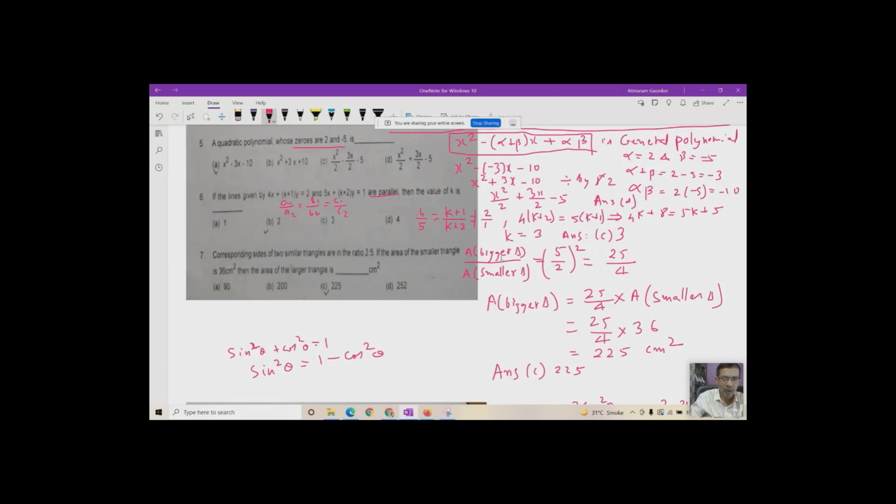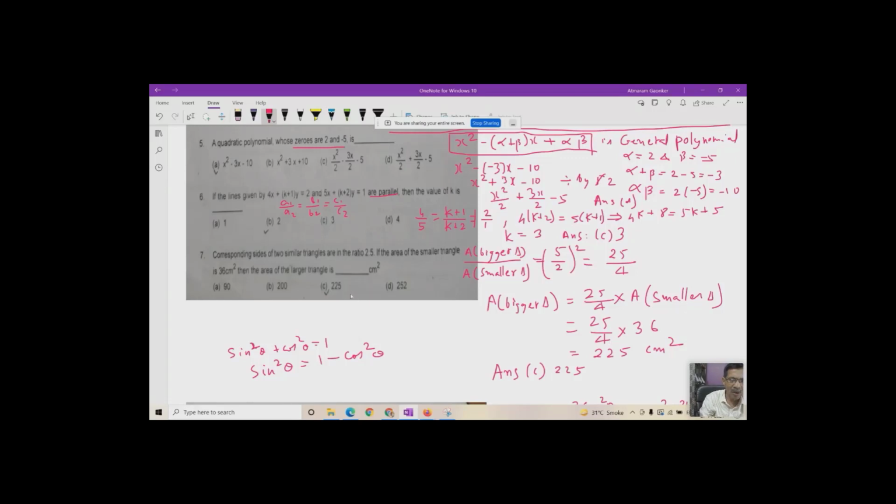So corresponding to bigger triangle, the side is 5. Corresponding to smaller triangle, side is 2. And square of this ratio, the smaller triangle area is given, and find the bigger triangle area directly.